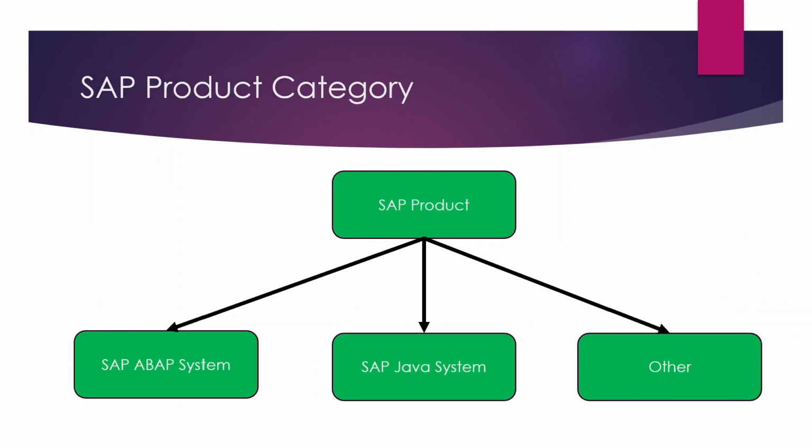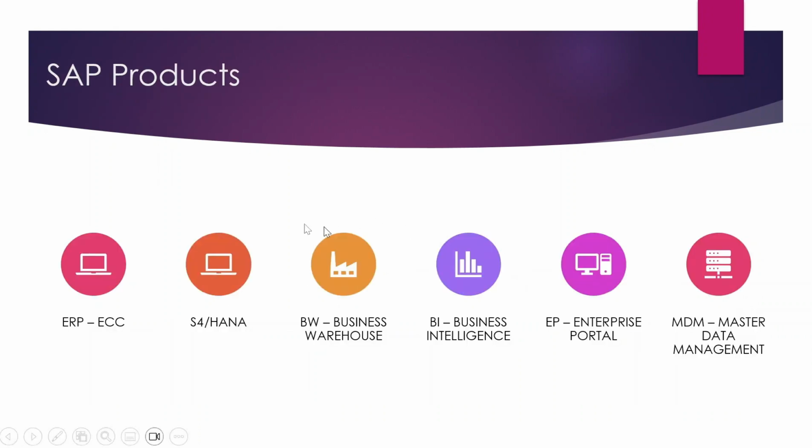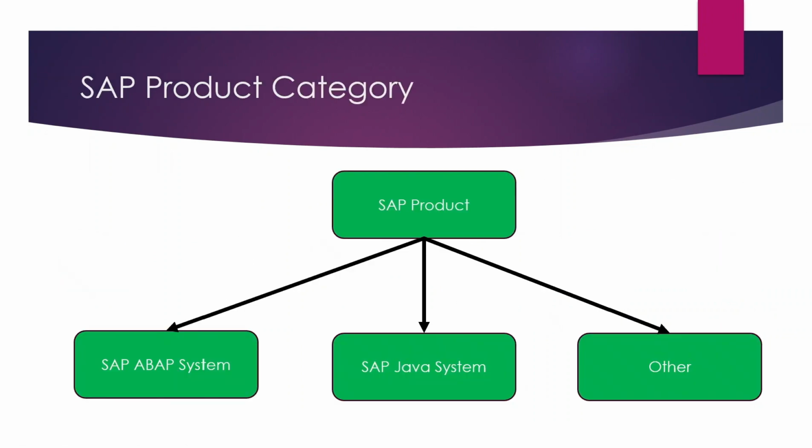Okay, so you know that SAP has different kinds of products, right? If you want to categorize these products by how they are created or developed, you can segregate them into two major categories. One is the SAP ABAP system, one is the SAP Java system, and there are some other systems as well.